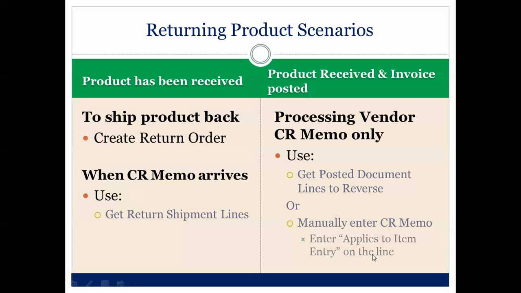Okay, so let me show you this process, and then I'll come back here so that it'll sink in a little better, and then we can move on from there.